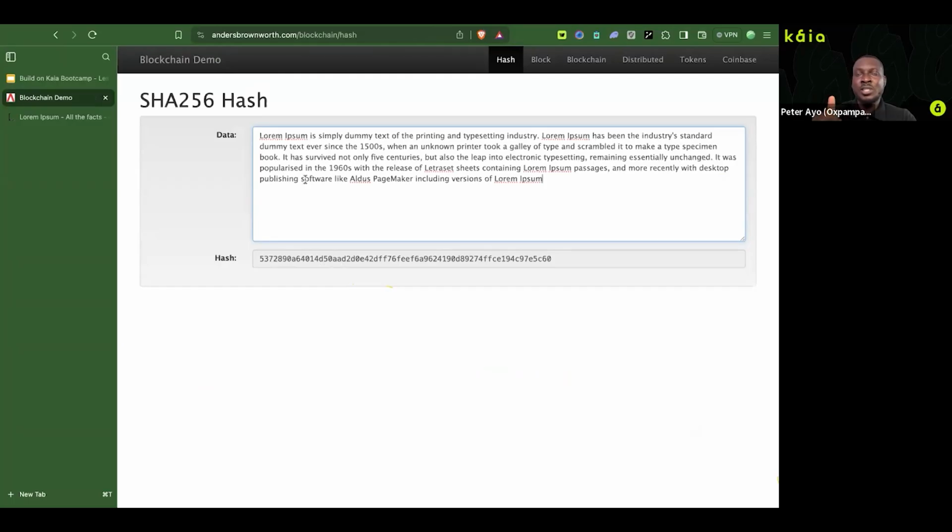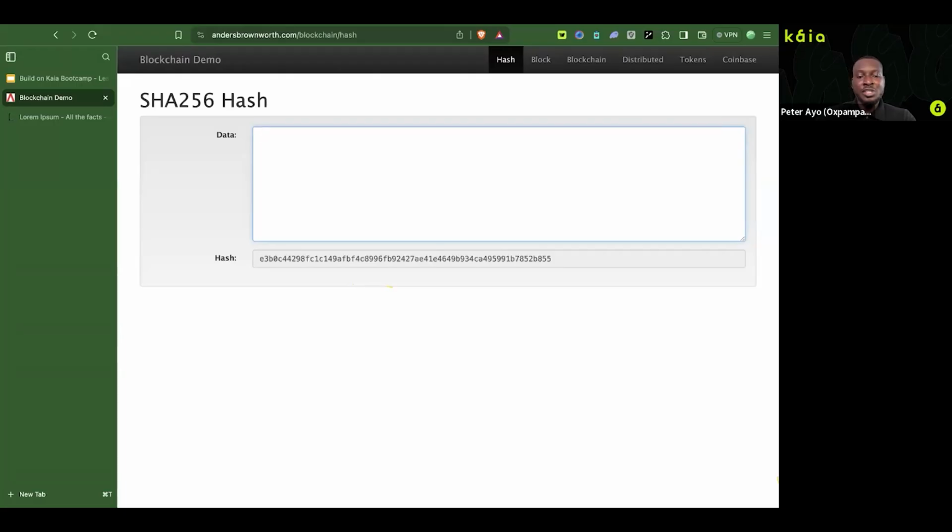So this is the concept of a hashing algorithm. Like I mentioned, the Bitcoin blockchain uses SHA-256, and Ethereum uses Keccak-256, the same as Kaia. Pretty much, that explains the concept of the hashing algorithm, because this is what is used on the blockchain for cryptography, for quite a number of the great things that we're going to be seeing in the next slides.